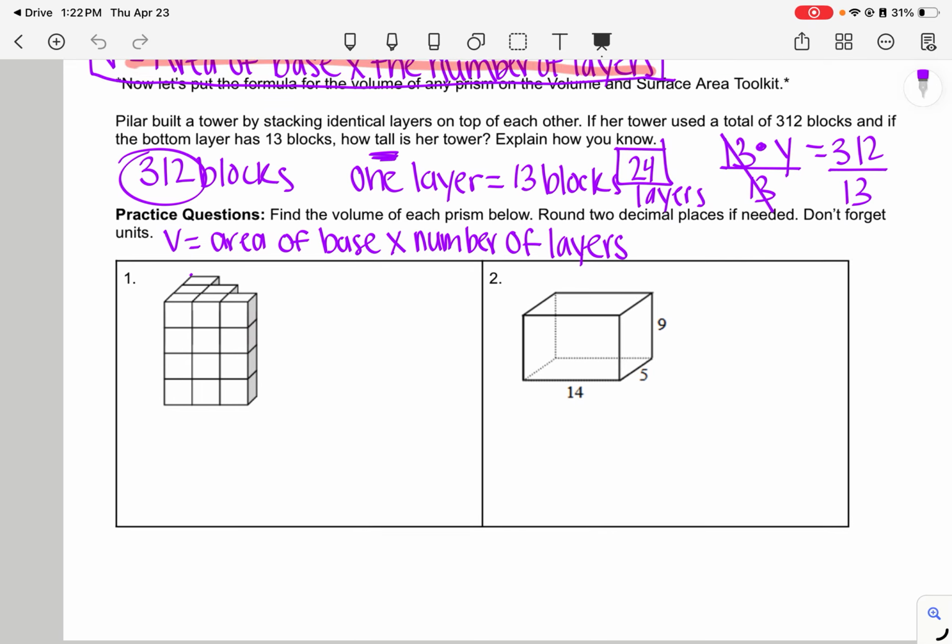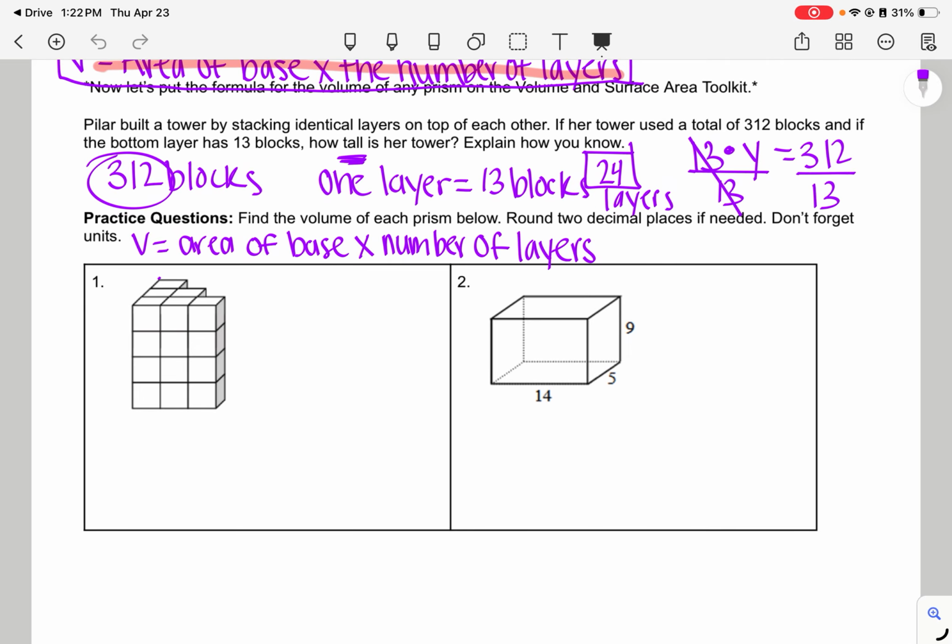So for number 1, first I determine what is my base. So remember, bases are congruent and parallel. So I know that this right here is my base. And I like to color it in. It's up to you. But I'm going to count how many blocks are in my base. So I have 1, 2, 3, 4, 5, 6.